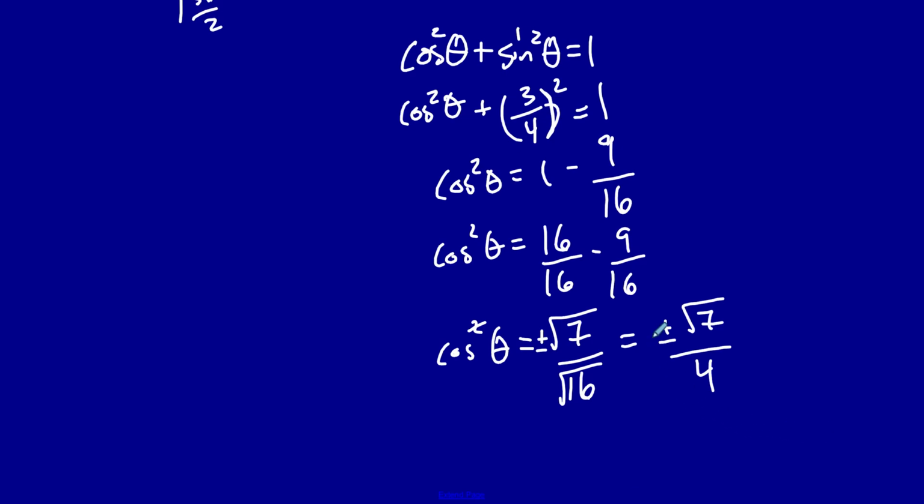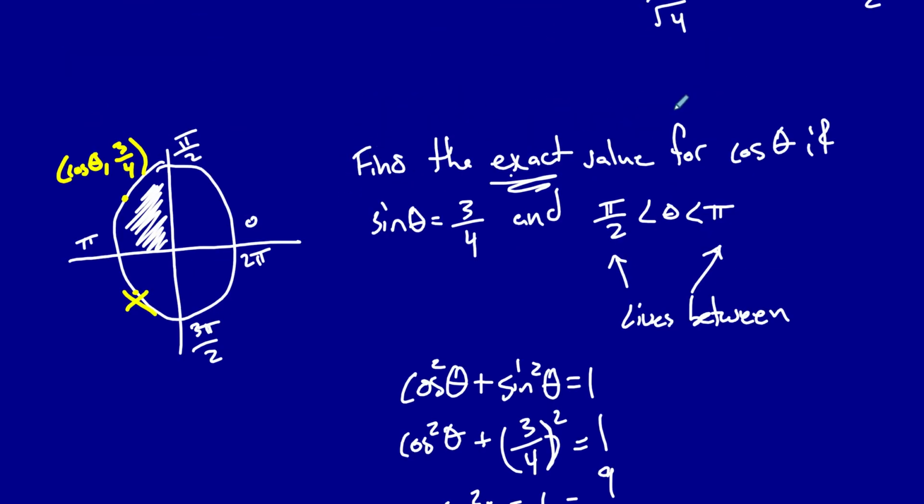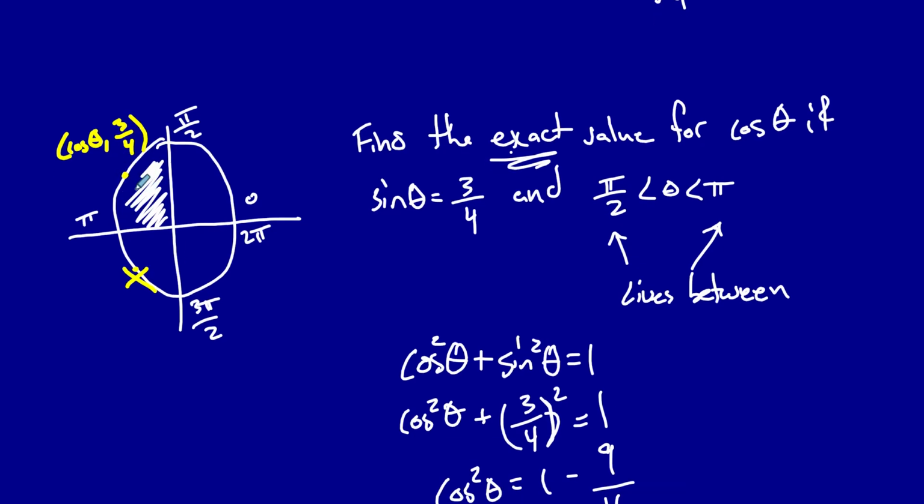Now, remember that theta, this angle, lives between pi over 2 and pi, so right here I know that cos is going to be negative, because it's in this quadrant. Remember how we say C, cos is positive only, A, all is positive, S, only sine is positive, and T, only tan is positive.